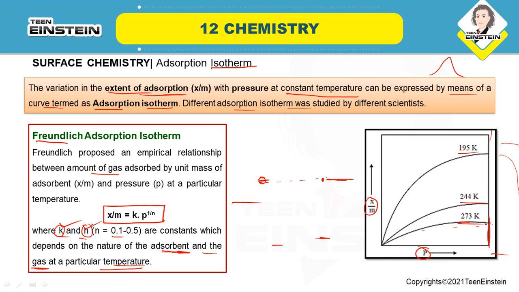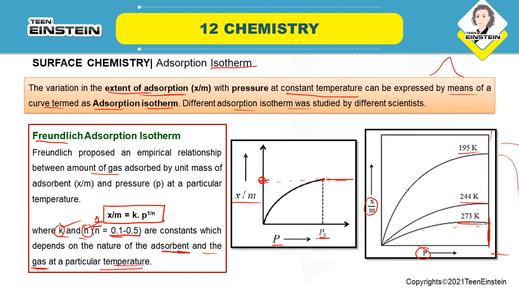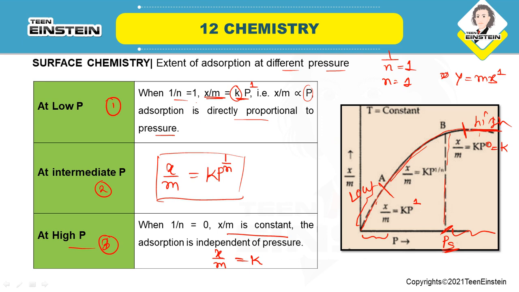It is actually 1 by n equal to 0.1 to 0.5. So this is the correction, that it will be 1 by n equal to 0.1 to 0.5. In this range only it will be matching with this portion. That is, if we look at this graph, it will be clear.